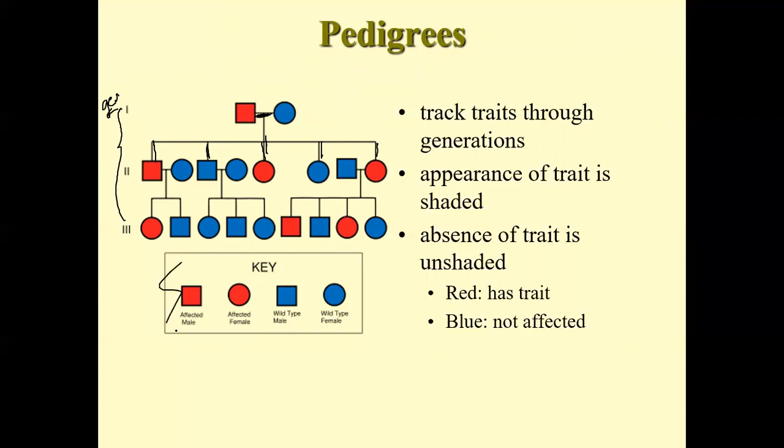They'll give you a key like this, so don't let that freak you out. Squares are going to be males, circles are going to be females. Now, if I numbered these individuals 1, 2, 3, 4, and 5, hopefully you're able to understand that the first child in the second generation mated and had 2 kids.